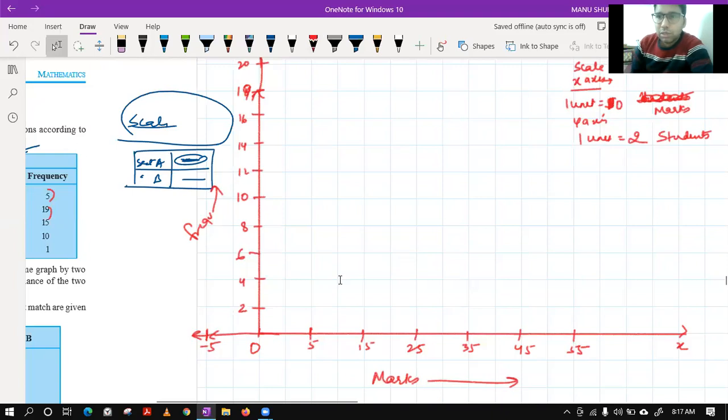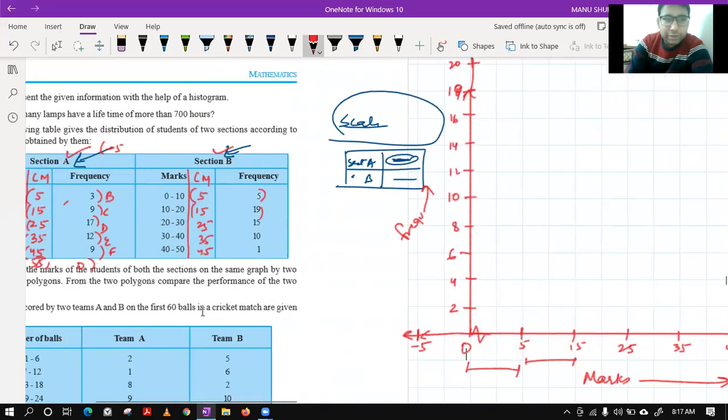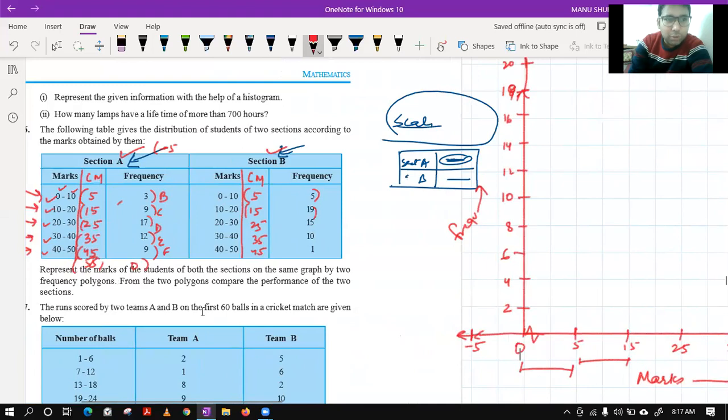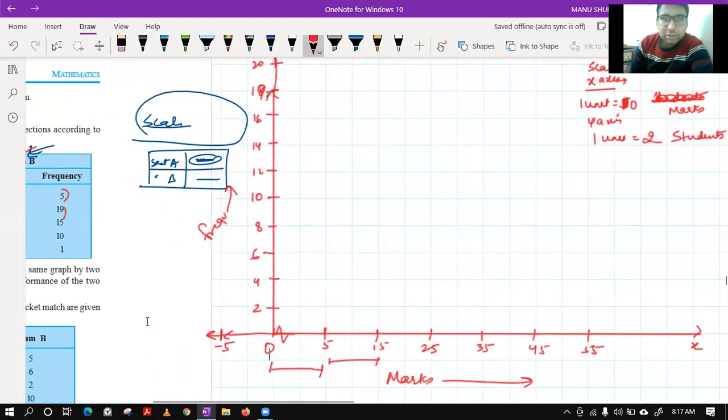Yes, we used to use a kink. Because it is having a gap of 5 only, while it is having a gap of 10, you need to use a kink in this case. Now after the kink everything is fine. The first point is 5 comma 3. So 5 is here, 3 is here somewhere between. So this is the first point.